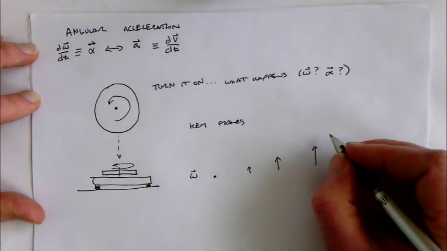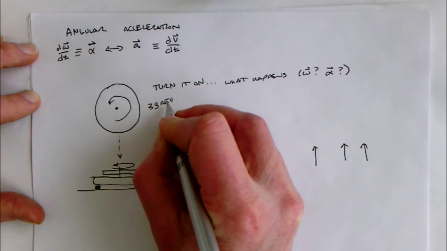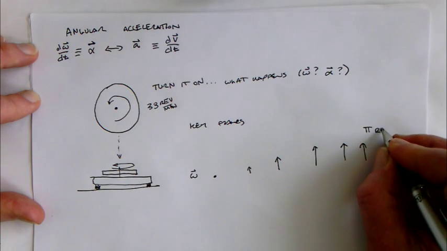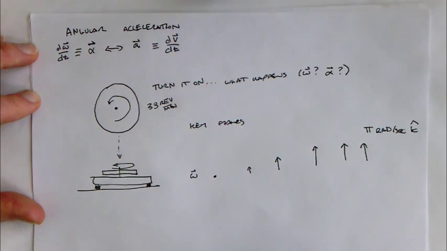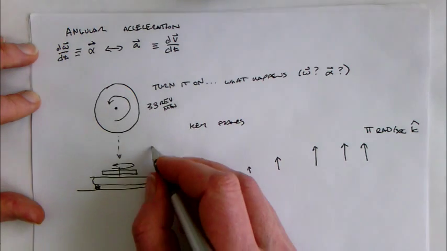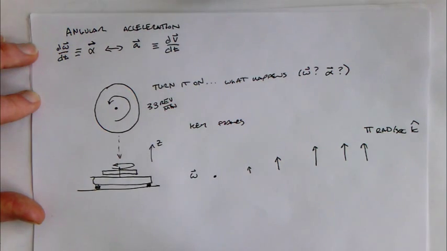And as we figured out when we thought about this before, if this is spinning at 33 revolutions per minute, that's approximately pi radians per second in the k-hat direction, where k-hat is coming out of the page, or in this picture, this is the z direction.